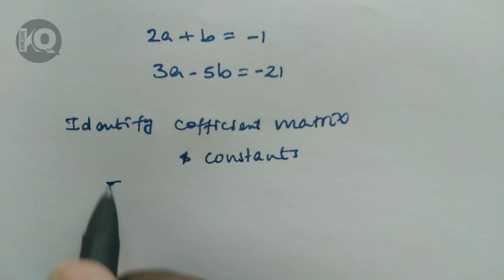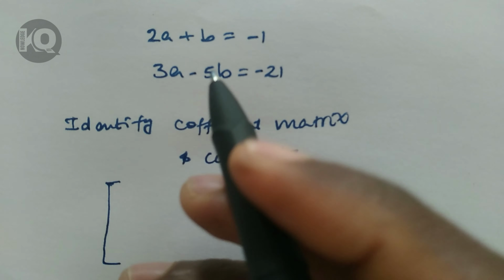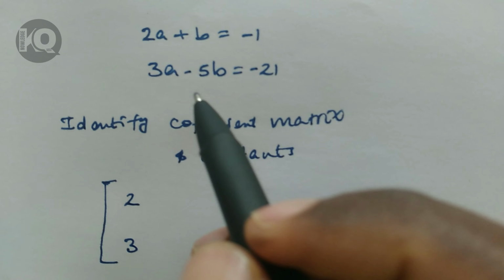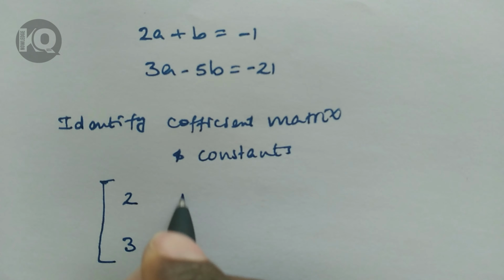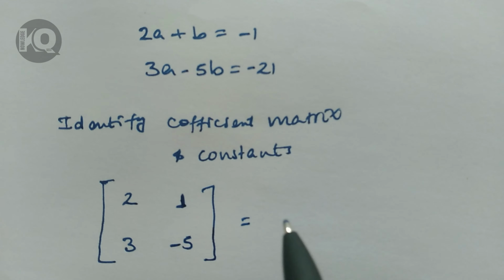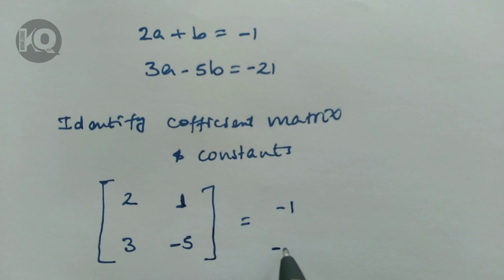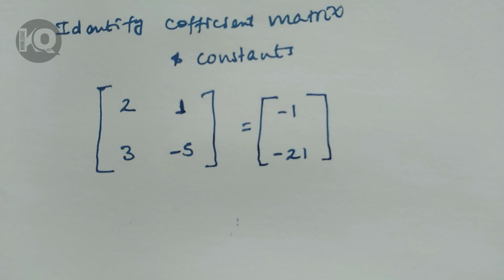In the first column we set the coefficients of a, that is 2 and 3, and in the second column the coefficients of b, which is 1 from the first equation and minus 5 from the second equation. The constants are simply the terms on the right hand side, which are minus 1 and minus 21. So now we have the coefficient matrix as well as the constants.